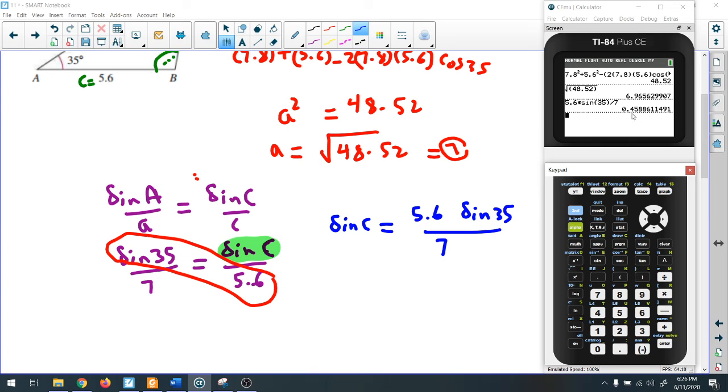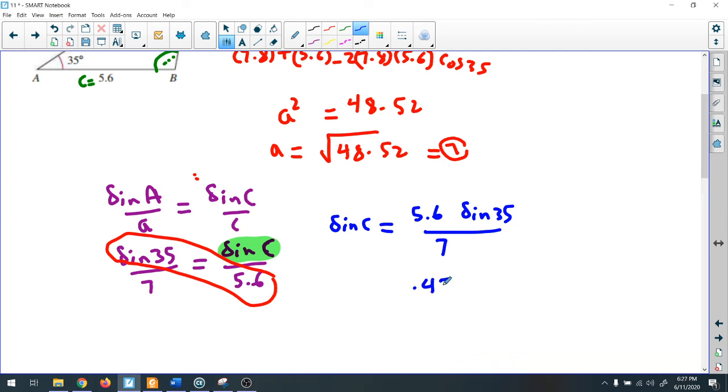I don't like to round very much here, so let's have 4 digits: 0.4589. That's sine C.